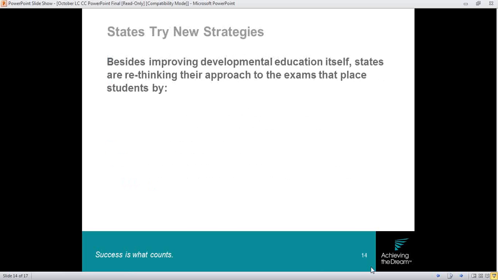The first bullet on this slide, please. The first thing is states and colleges are looking at ways to de-emphasize these exams, maybe continue using them but not make 100% of their decision based on the test scores.